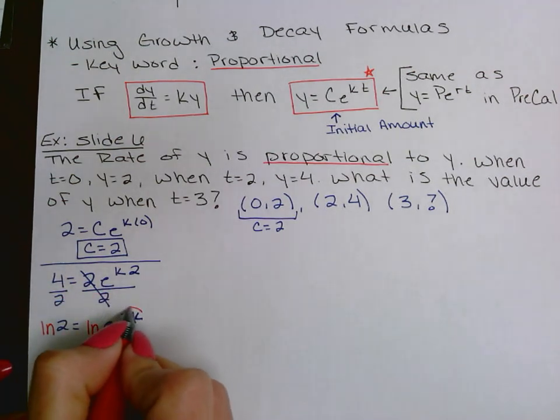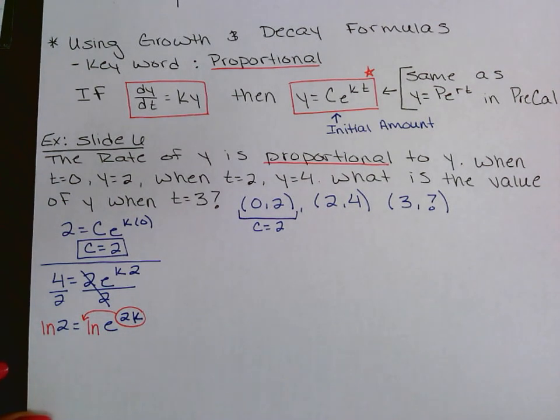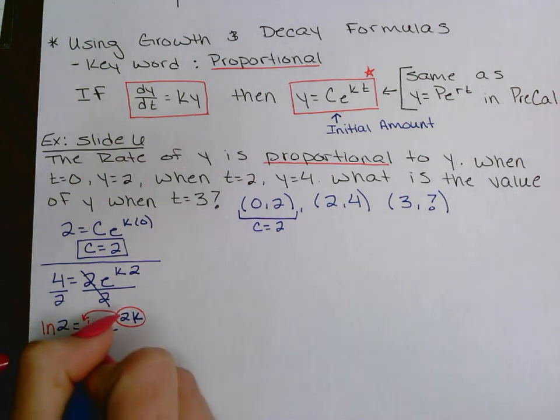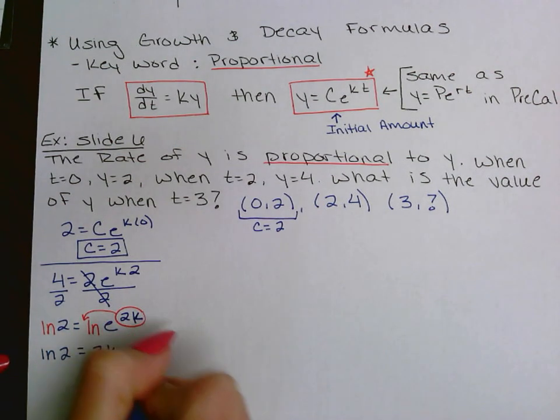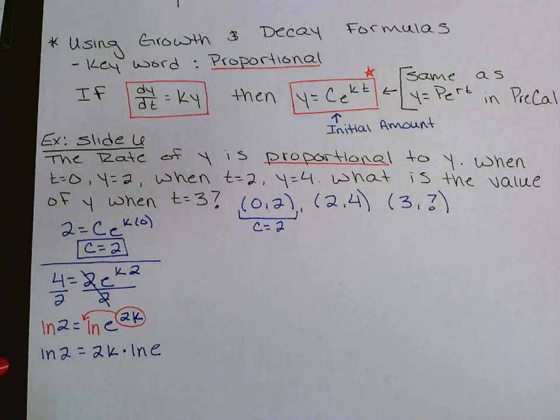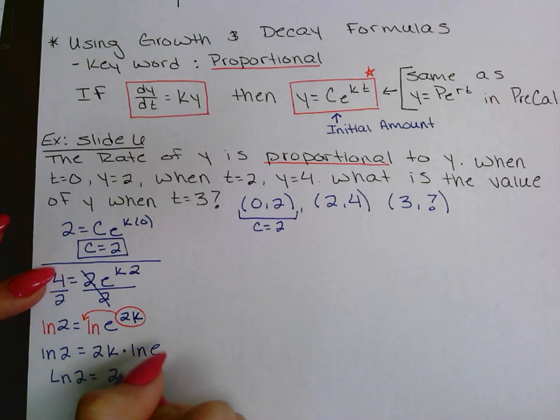And then I'm allowed to move this 2k to the front. Okay? So now I have ln of 2 equals 2k times ln of e. Good. And ln of e equals 1. So what I really have is ln of 2 equals 2k.